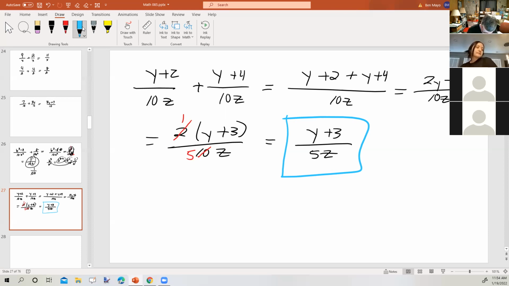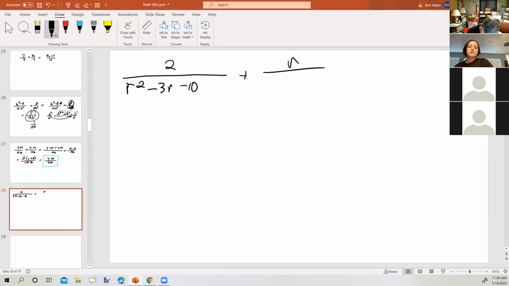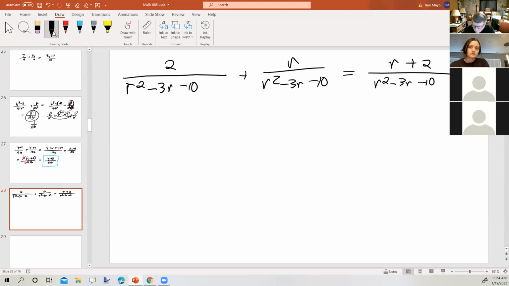How are we doing? Fine, as long as we stay away from those exponents, right? Okay, how about this one? Let's see here. 2 over r squared minus 3r minus 10 plus r over r squared minus 3r minus 10. So that's r plus 2 over r squared minus 3r minus 10. Now, why did I write r plus 2? Why didn't I write 2 plus r?